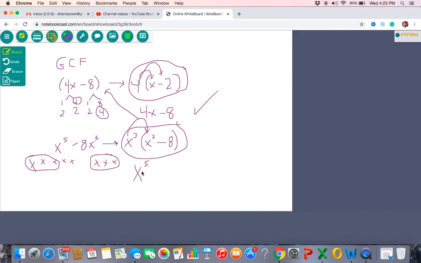And then what's x to the 3rd times negative 8? Negative 8, remember, takes the sign in front of it. That's its identity. So it will be negative 8x to the 3rd power. And then I look, is this the same as that? Oh, yes, it is. So I've done my job.